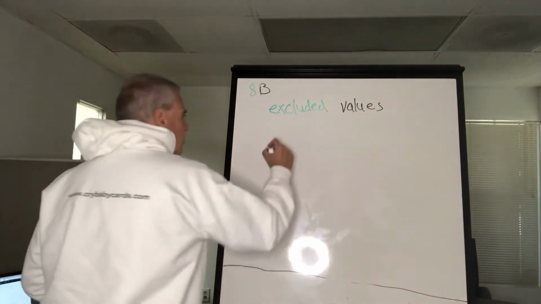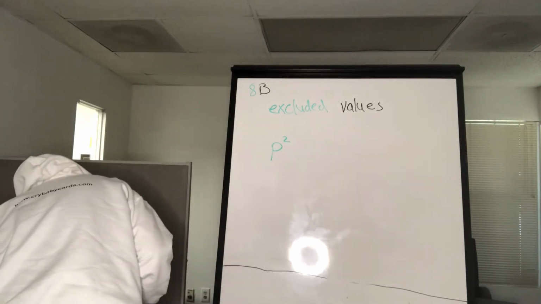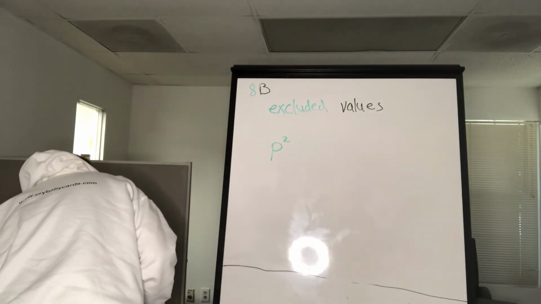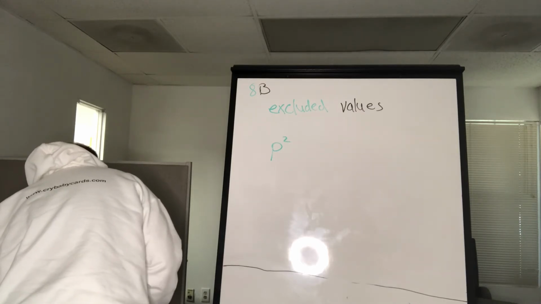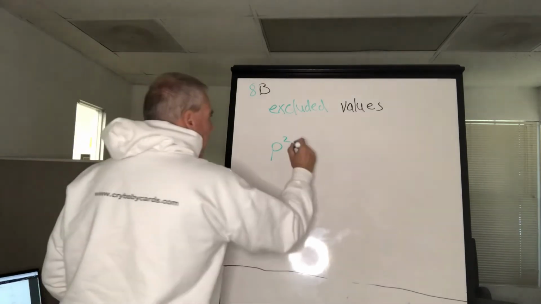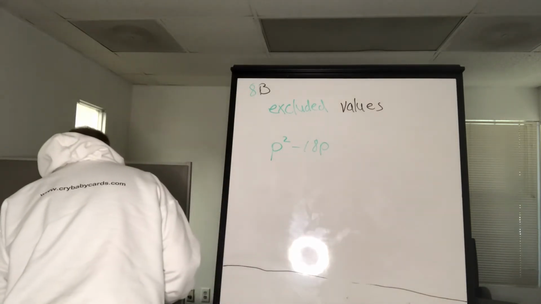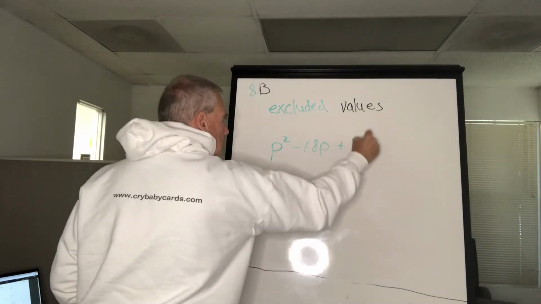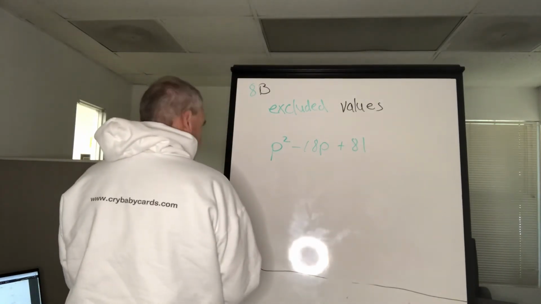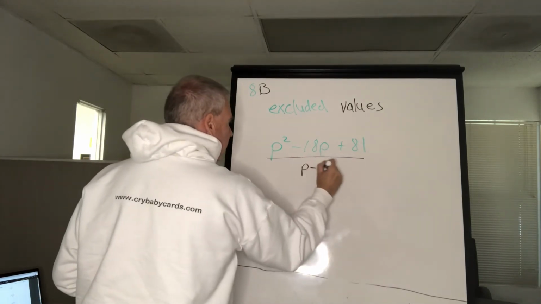It says p squared minus 18p plus 81 over p minus 9.